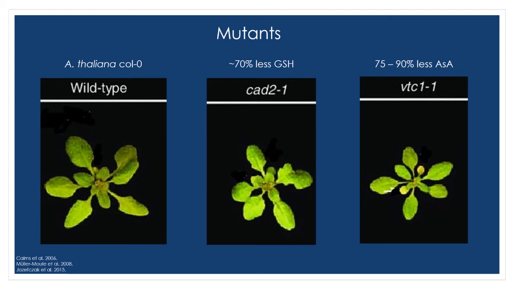And the third picture is a picture of the VTC mutant, a mutant which has 75 to 90% less ascorbic acid, or vitamin C. What we can notice is that mutants are much smaller than wild type plants.